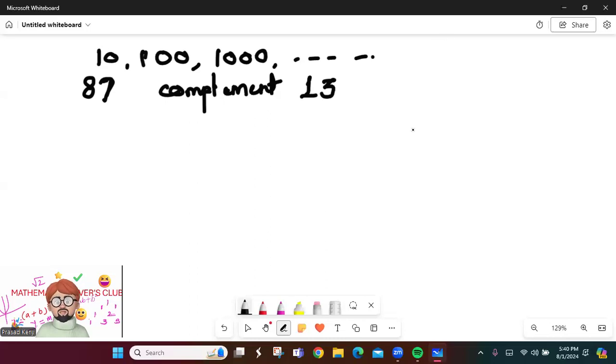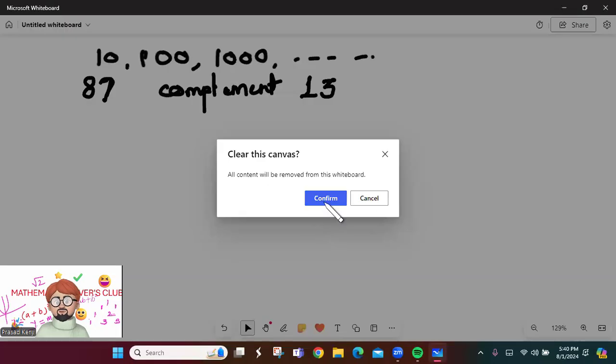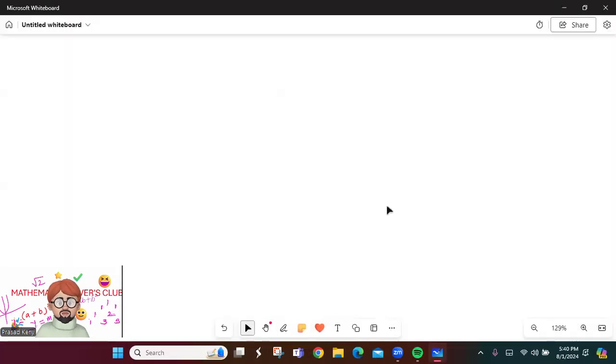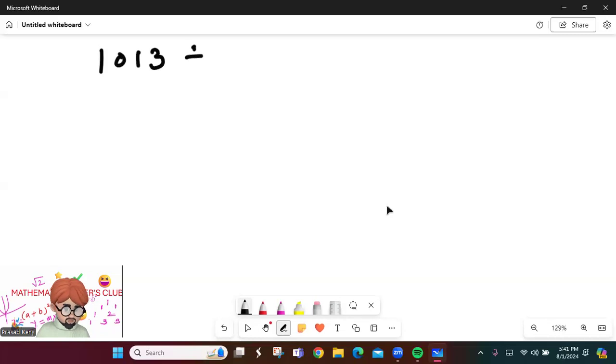So let us see some problems on this particular method, that is the complement method or the Nikhilam method. So let us come to the first problem here. 1013. I want to divide by 87. Now, as I just said, for 87, the standard base is 100.